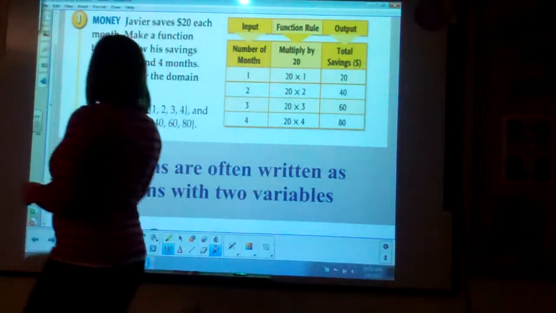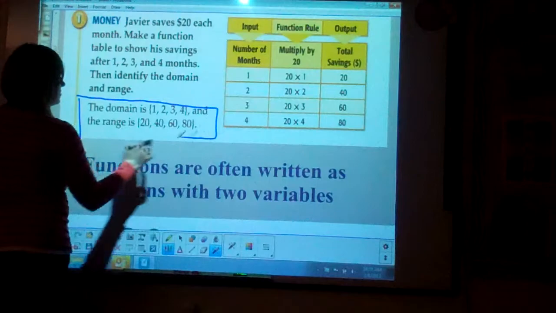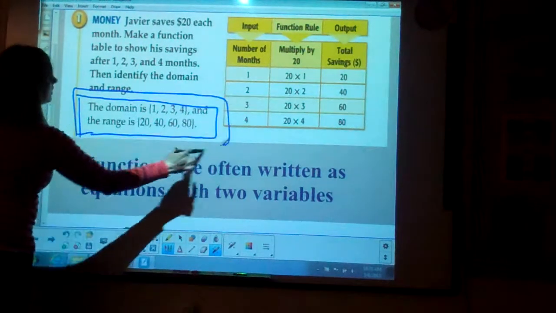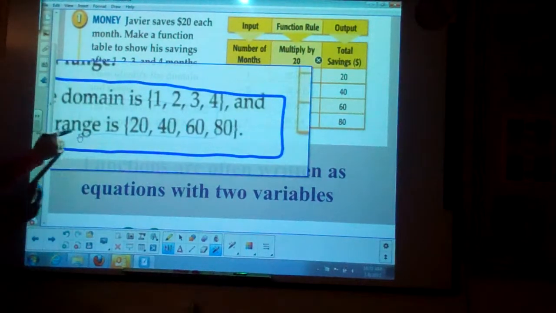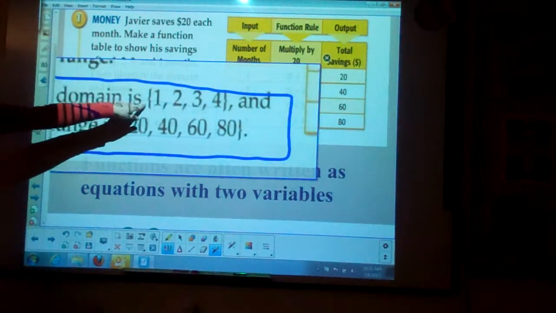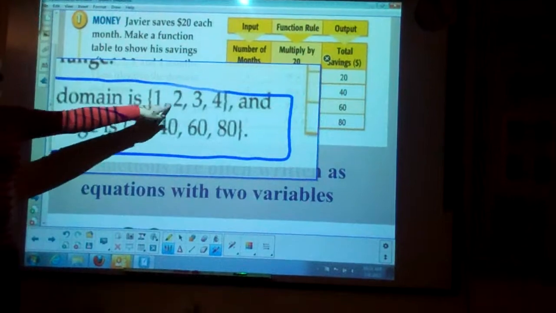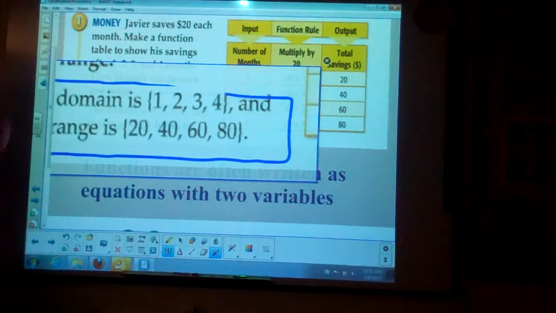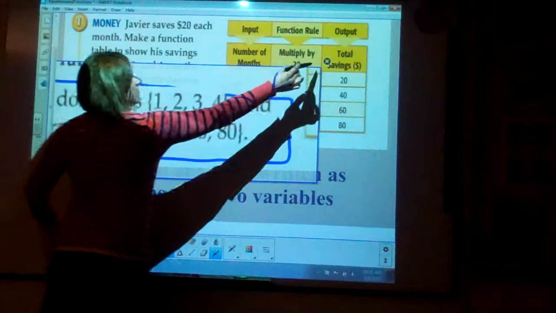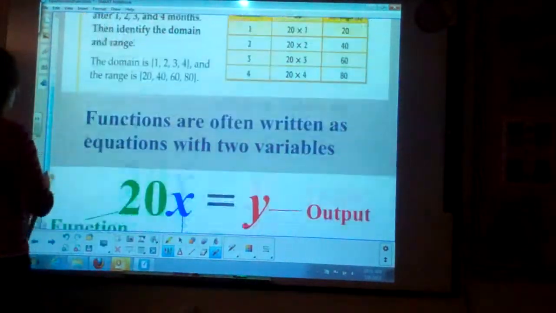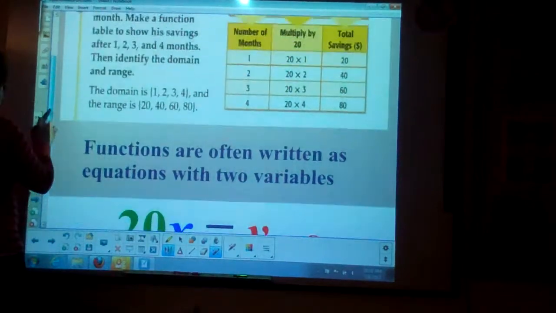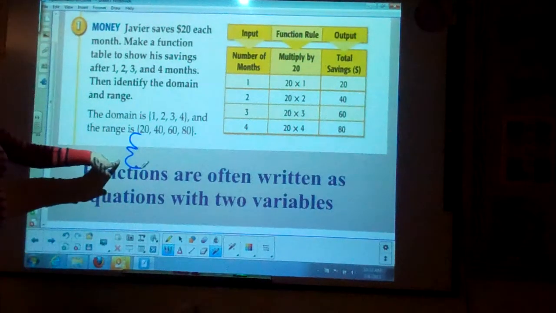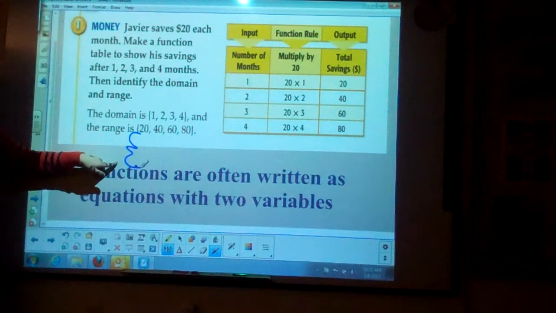When your homework asks you to list the domain and range, notice that you list the domain, 1, 2, 3, and 4 separated by commas, and then they use the brackets to list it. If I rewrite that again, you'd have the bracket, which looks like a parentheses with little extra squigglies.